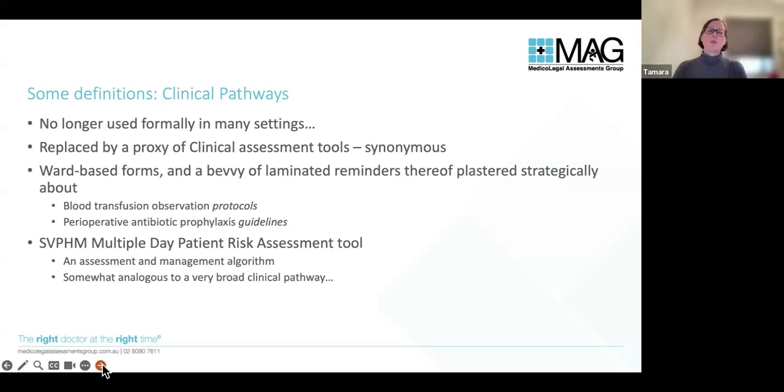I'm going to just show you a picture, and you'll be familiar with what I'm about to show you from looking at medical records of the St Vincent's Private Hospital, Melbourne, multiple day, in other words, more than just a day patient, risk assessment tool. Now, this is meant to be used on admission and subsequently for all patients who are staying at least overnight.